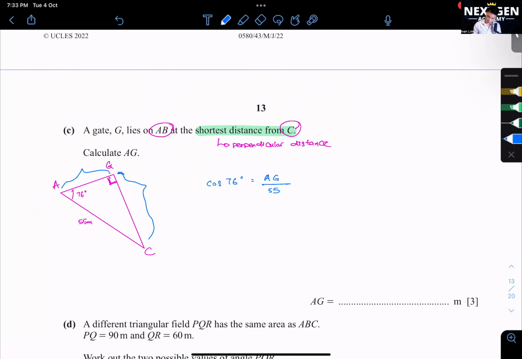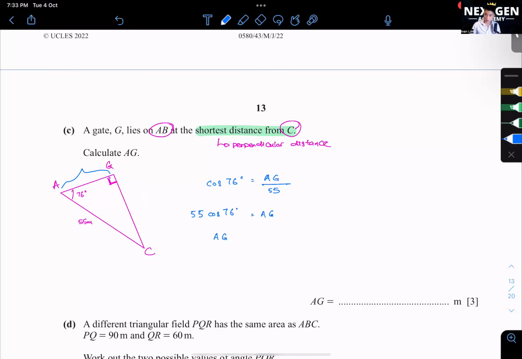AG will be equal to 55 cos 76 degrees, because even though GC is the shortest, they are not asking us to find this. They're asking us to find AG only.